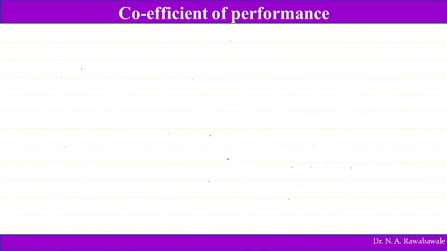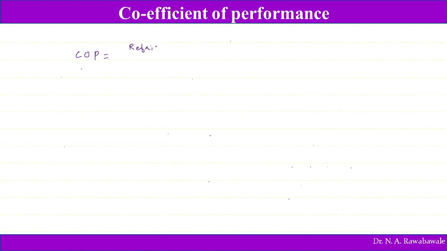From this cycle itself, it is noticed that the refrigerant has extracted heat during the process of evaporation, that is 4 to 1, and the work is done by the compressor during process 1 to 2. Therefore the coefficient of performance, COP, of a refrigerator or refrigerating system is defined as the ratio of refrigerating effect to the work done.